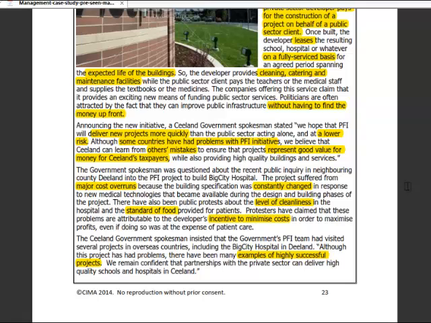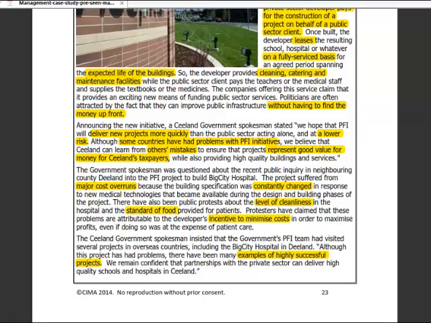It's not their business. And protesters have claimed these problems are attributable to the developer's incentive to minimize costs in order to maximize profits. Well, perhaps that's exactly what would happen. The government spokesman insisted the PFI team had visited several projects in overseas countries.